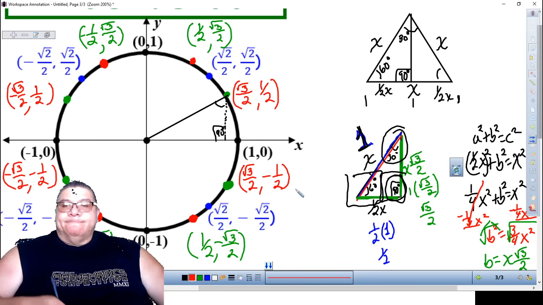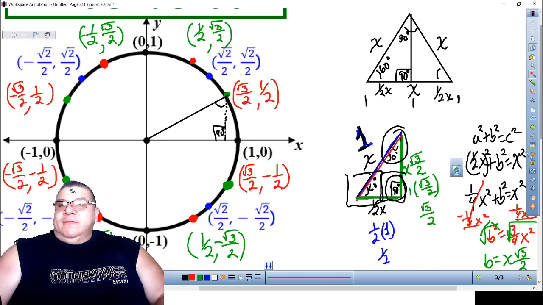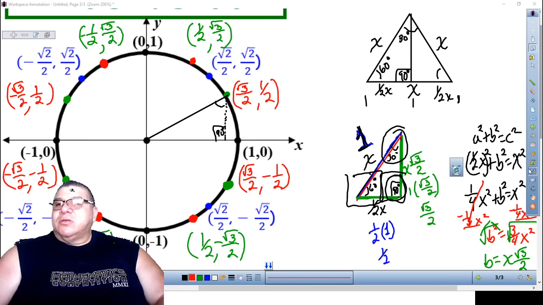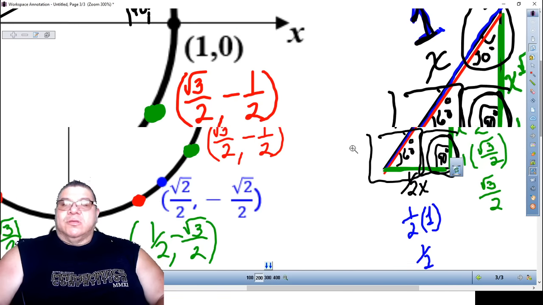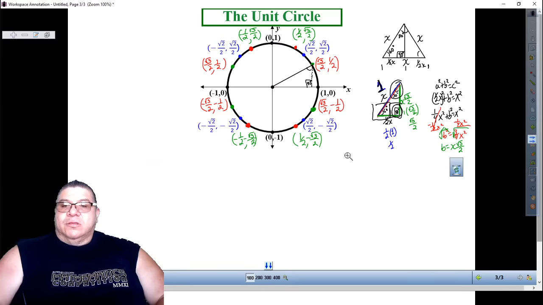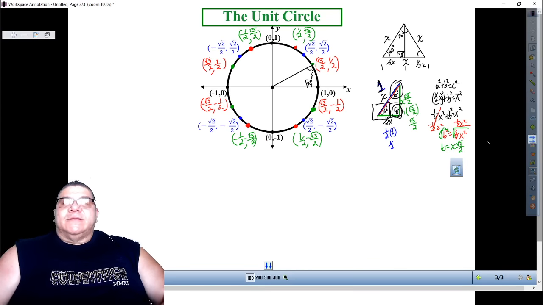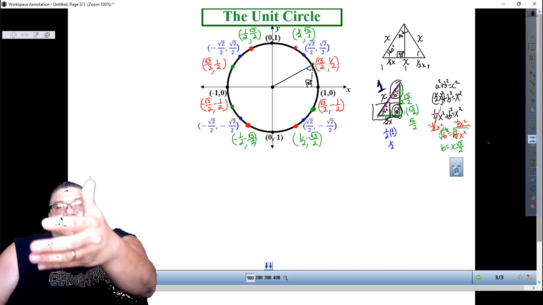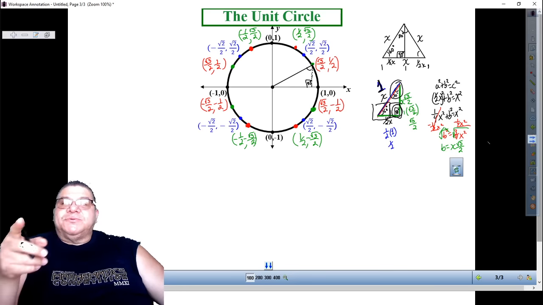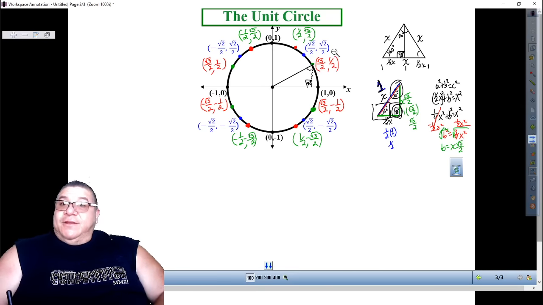All right. So, let's see where we're at. Let me zoom out. All right, students, unit circle, students. And basically those are the coordinates that you need to memorize. I know.